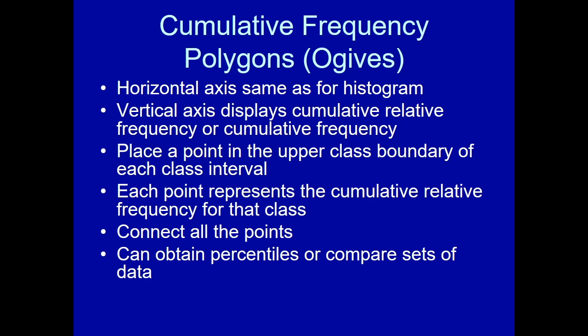Each point represents the cumulative relative frequency for the class, but we want to note that not until the upper class boundary has been reached have all the data of a class interval been accumulated. And then this is completed by connecting all the points, and then we can obtain percentiles or compare sets of data.